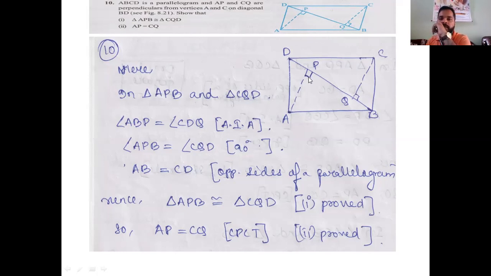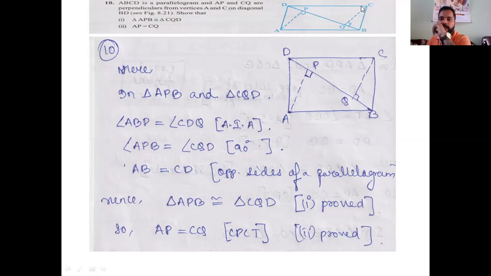So right angle, hypotenuse, one more side you have to show equal, and that side can be AP or CQ, but it is not given here that AP and CQ are equal. So this congruence property we cannot use. So we have to use the alternative one. So let's see, in triangle APB and triangle CQD, angle ABP is equal to angle CDQ.